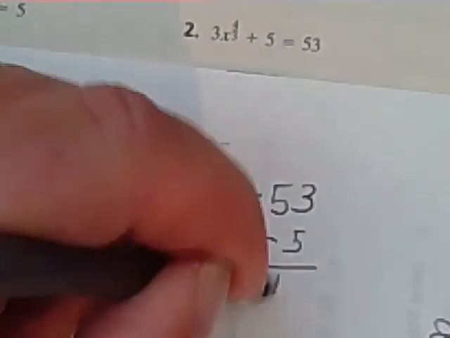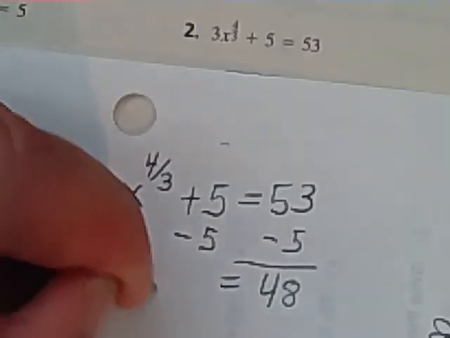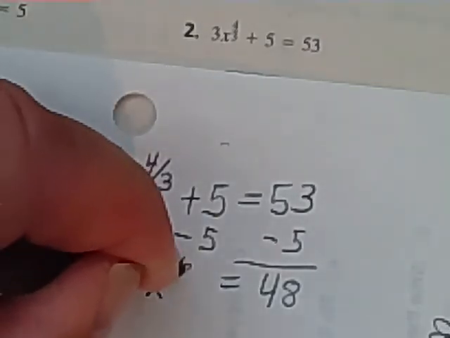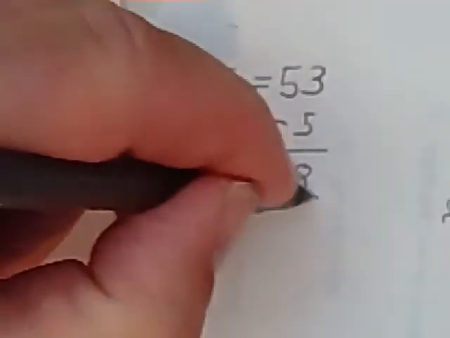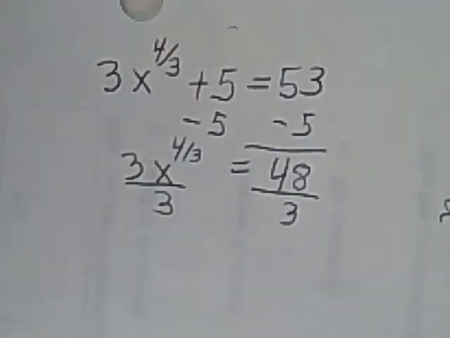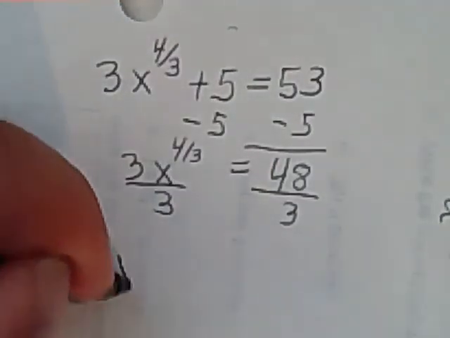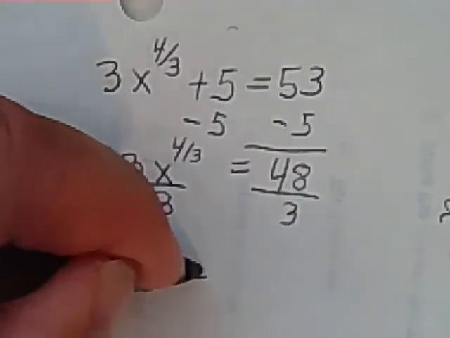On the left, I have 3 times x raised to the 4/3 power. My next step would be to divide both sides by 3. On the left, I have x raised to the 4/3 power.